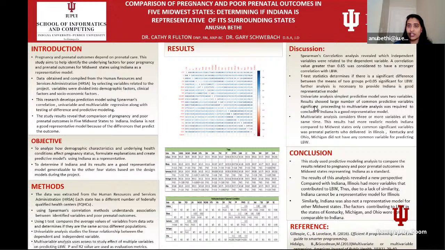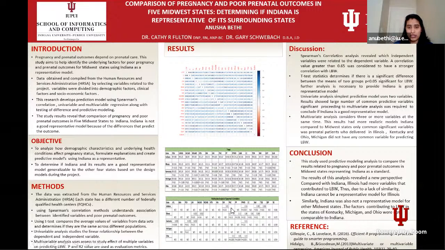Univariate analysis was required to conduct the study. In univariate analysis, a large number of variables showed common significant values. So we conducted a multivariate analysis, which considers 3 or more variables at the same time, and it is compared across all the Midwest states. This last table is the multivariate analysis table.